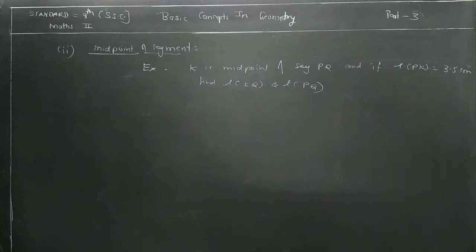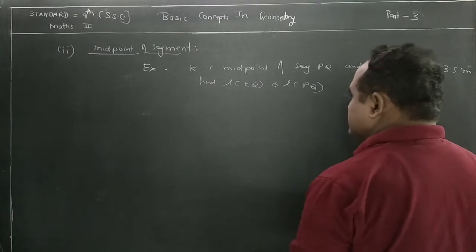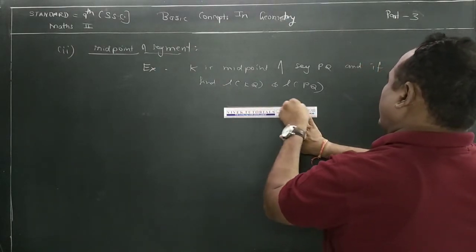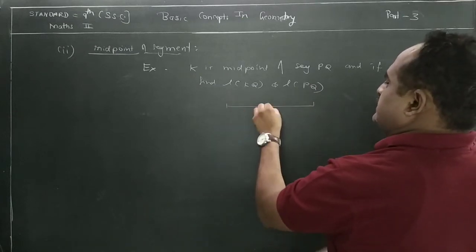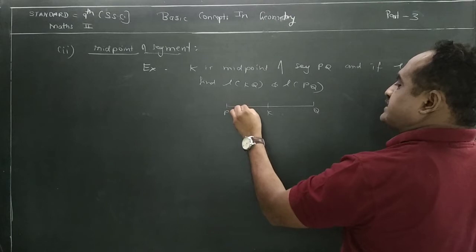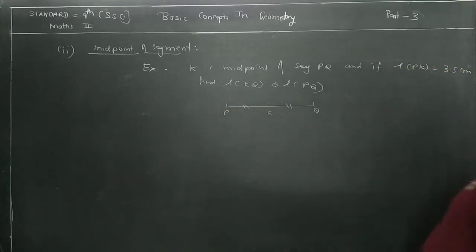This is a question we will ask. Correct? So in that case, if you want to draw the figure, you can draw it, not necessarily though. This is the midpoint. This is segment PQ. K is the midpoint of segment PQ.